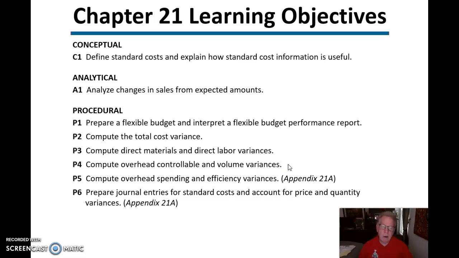And the overhead variances, I believe, are the most complex. And don't forget Appendix 21 Alpha in your reading as well, where we will go through the spending and efficiency variances. And then lastly, we'll prepare our journal entries for those standard costs and then how we account for price and quantity variances. Okay, let's get started.